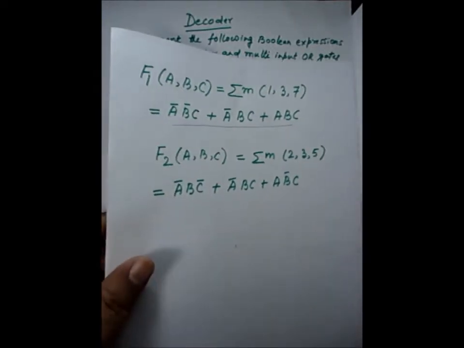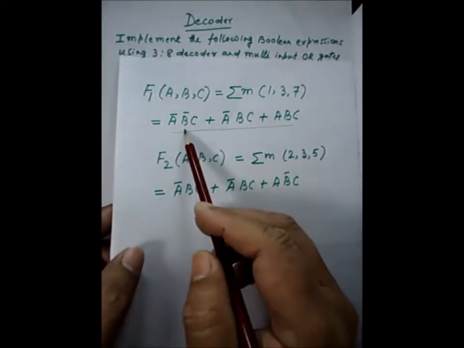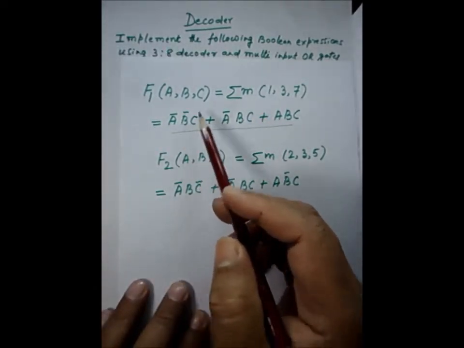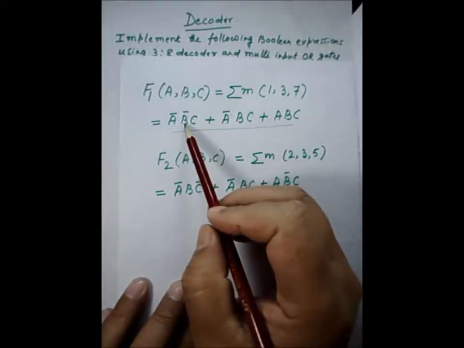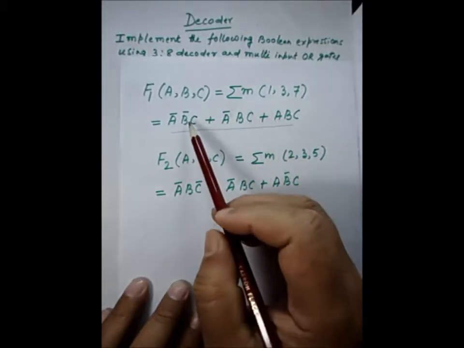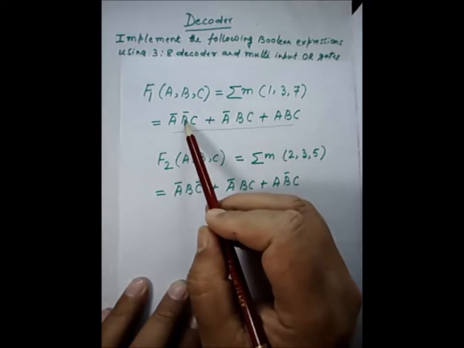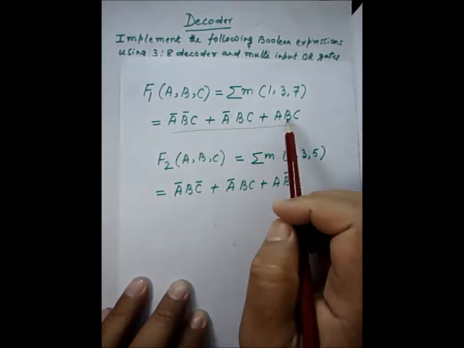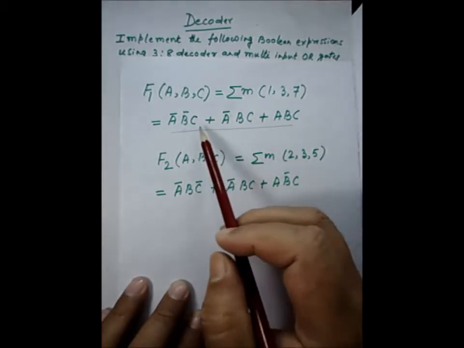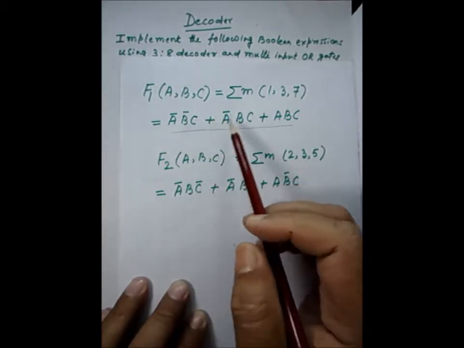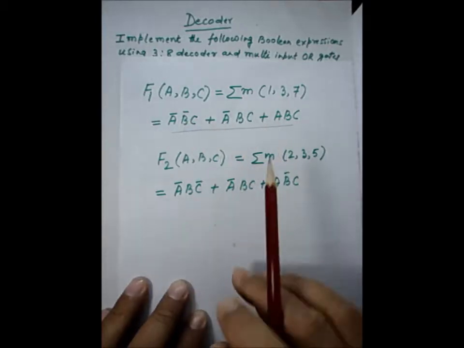This is the expression for the Boolean function. If we prepare the truth table, this is a summation of products. Therefore, if any of the terms becomes 1, the output will be 1, and in any other case the output remains 0.